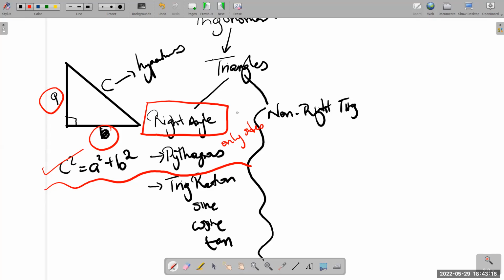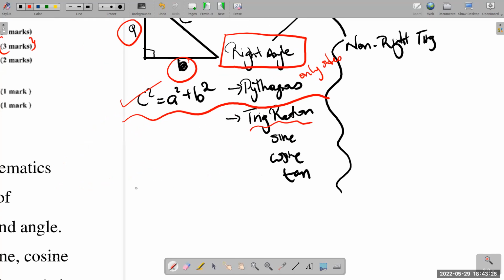Now, obviously, when dealing with triangles, you're dealing with sides and angles. That's where trig ratios come in. And we should know what the trig ratios are. So we've got sine, cos, and tan.